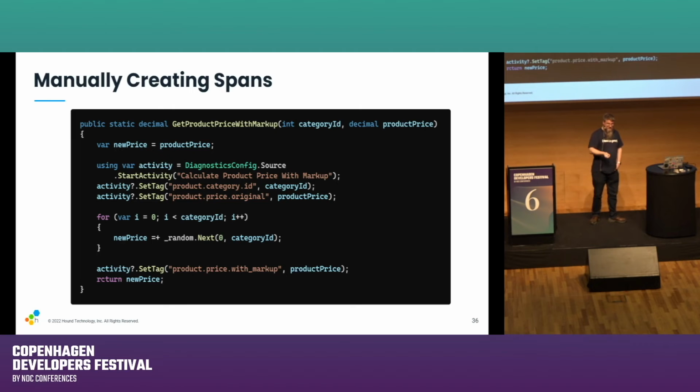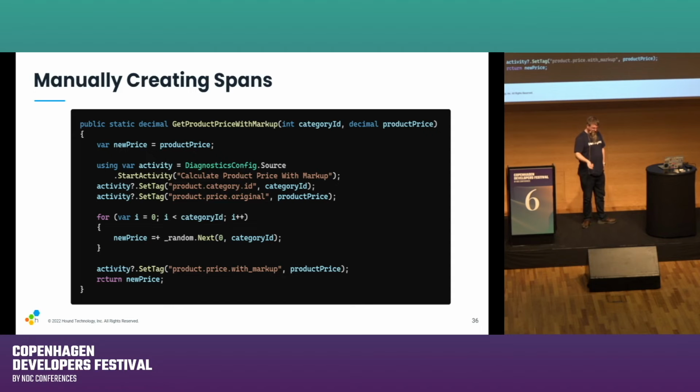So when we've put this in, we've created an activity. What we've then done is we've added 2 tags. The first one being the category ID that came in, the second one being the product price. Now notice the naming convention of the tags. We namespace the names of our tags using dots. That allows us in UIs on the back end, depending which vendors you're using, to group these together under the common things.